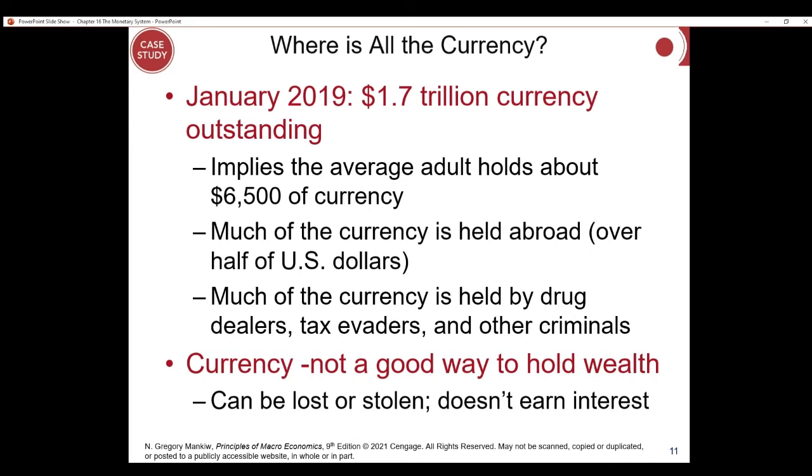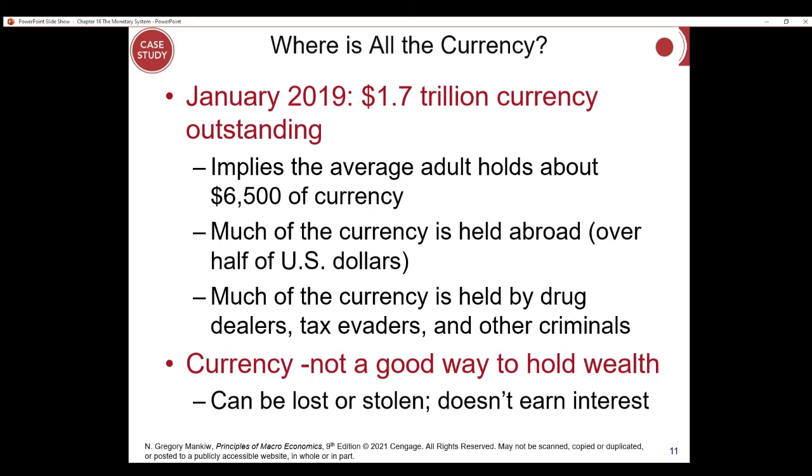It's also possible that the black market holds a lot of this money because drug dealers don't want to put their money into banks. They don't want to put it into other assets because they want to evade the IRS and they don't want to be tracked through that method.